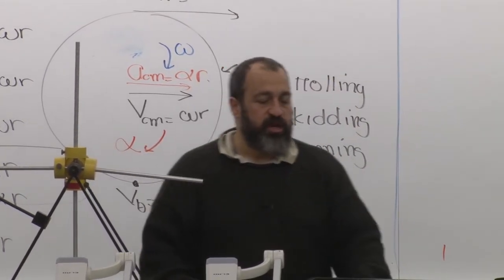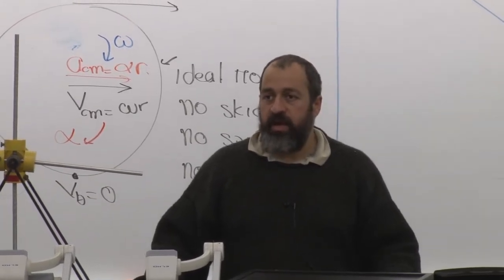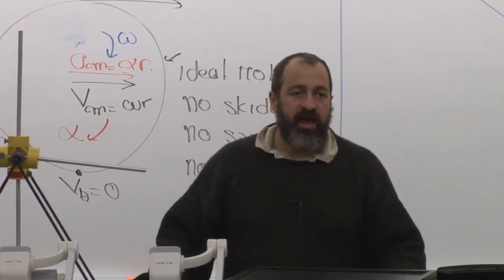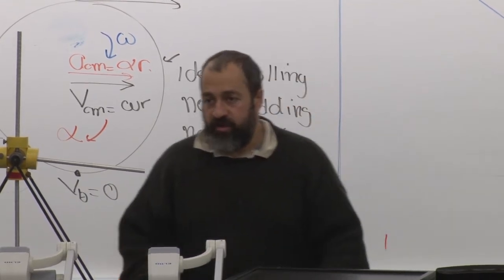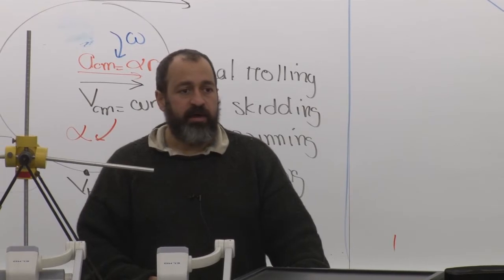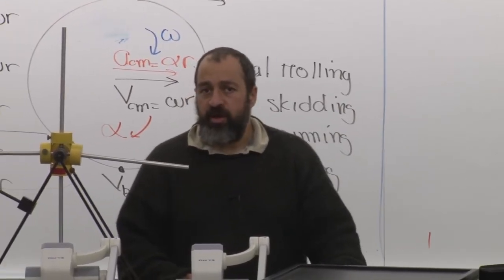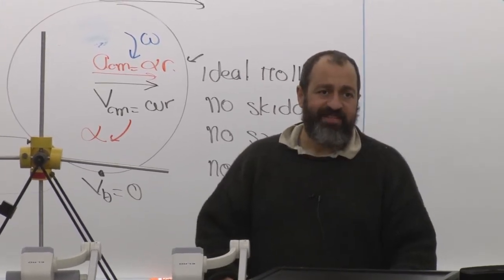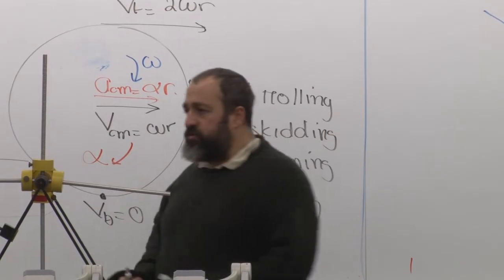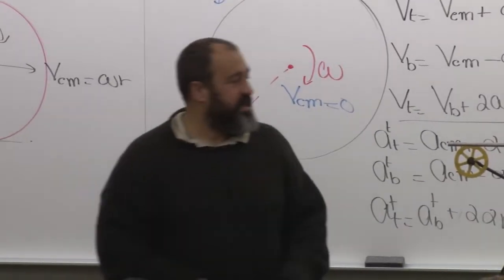Some of us will run away and assume that the force of friction is equal to N mu_s. We can't do that, why? When is it equal to N mu_s? When it's about to slide. If there is no impending sliding or skidding, we cannot assume that the force of friction is equal to N mu_s.